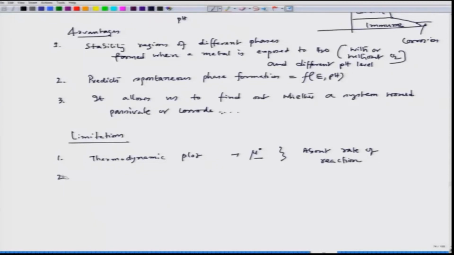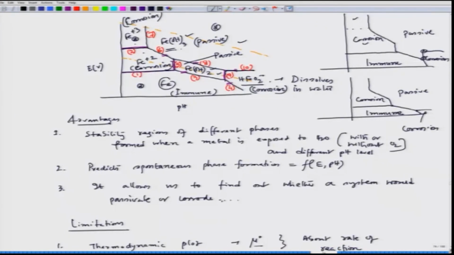Now, second part, so we do not have any information on kinetics of corrosion.